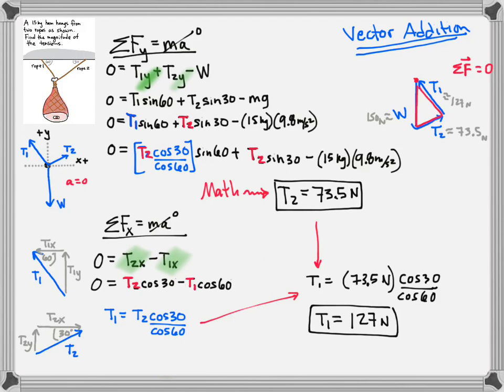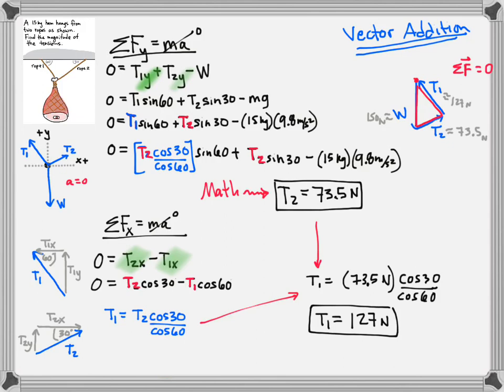Net force just means add the forces, and so we can do vector addition to add those forces. But when we add the forces, net force is equal to 0. So if we start here and we add weight and then T2 and T1, we actually end up at the same place we started at, for no resulting force, or net force equals 0.